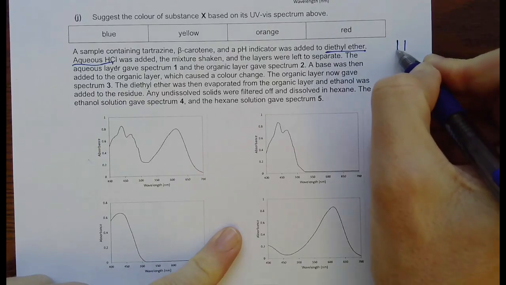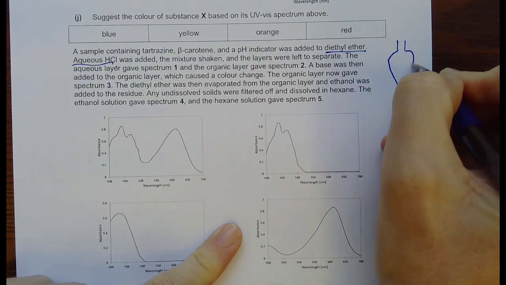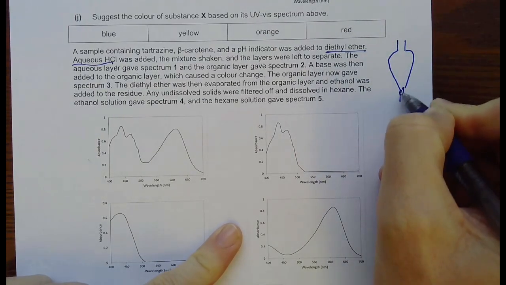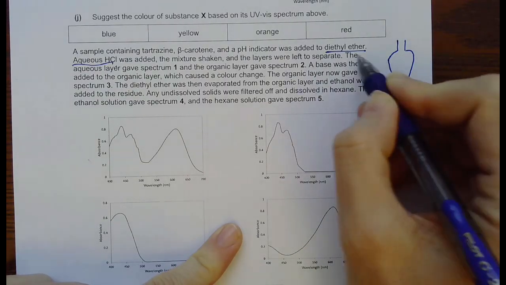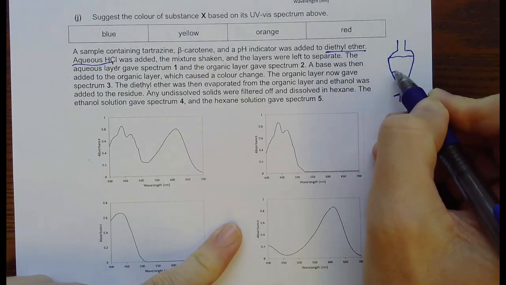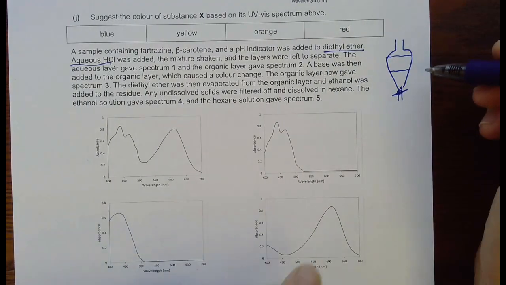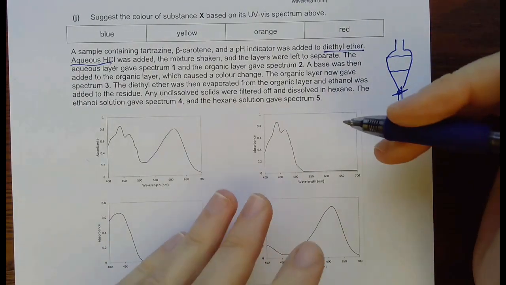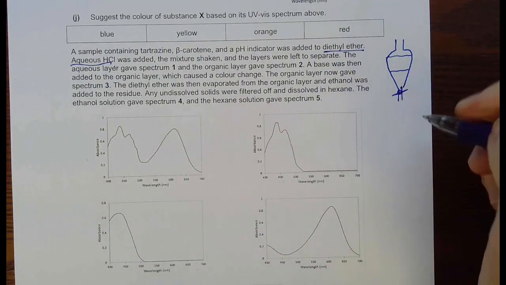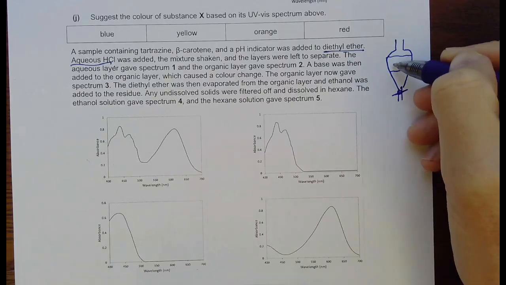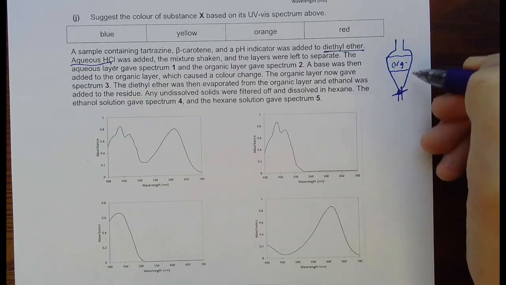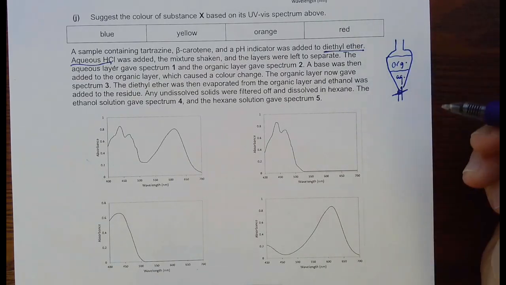They're going to put it into a separating funnel, which is a piece of equipment that you might have used or seen that looks like this. So you shake it up and then you let it settle, and you get two layers, because the organic layer and the aqueous layer will be immiscible, and you then have the separation ordered by density. So normally this will be your organic layer up here, and this will be your aqueous layer here.